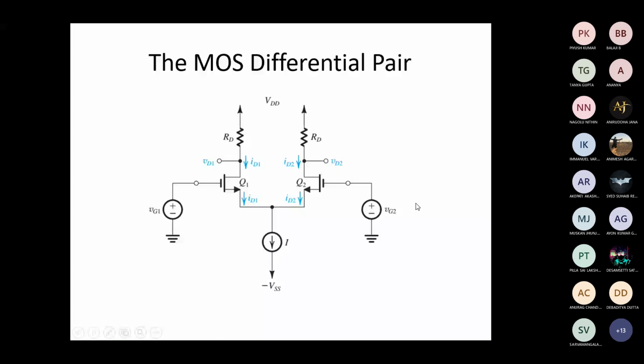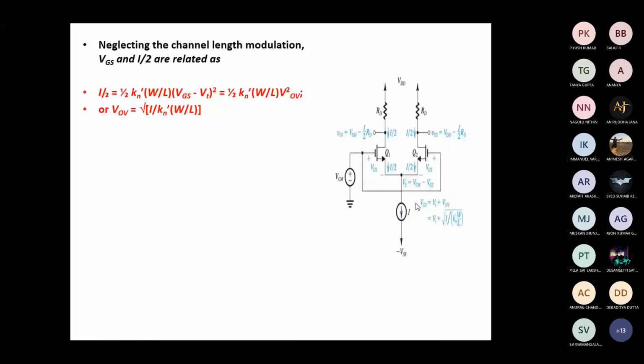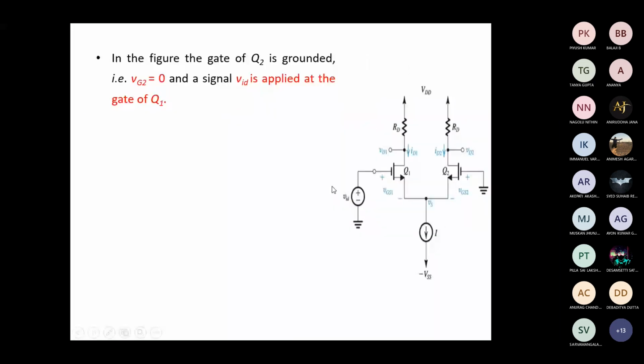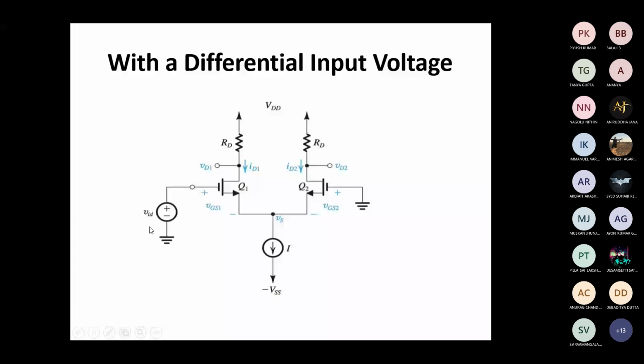Since in differential mode we are just using this notation VID to represent the differential input. Accordingly, we have VGS1 and VGS2 representations.